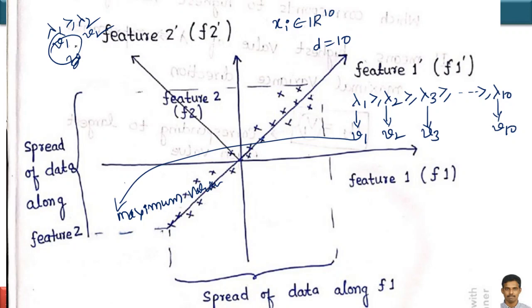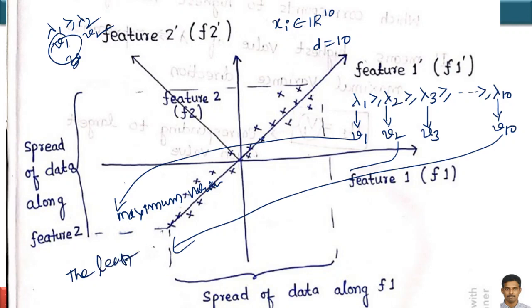That is the 2-dimensional case. Now I am talking about 10-dimensional space. What is v2? v2 corresponds to the second direction with most variance. v3 is the third maximum variance. In a similar manner, what is v10? The least variance.